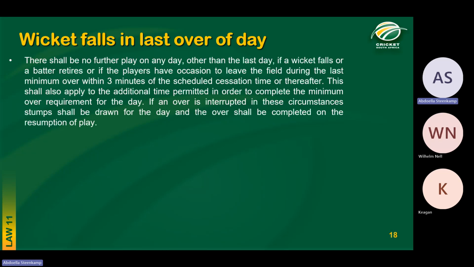The second portion of this paragraph speaks about how this shall also apply to the additional time permitted in order to complete the minimum requirement for the day. Meaning, at 17:30, we know we need to bowl 104 overs.